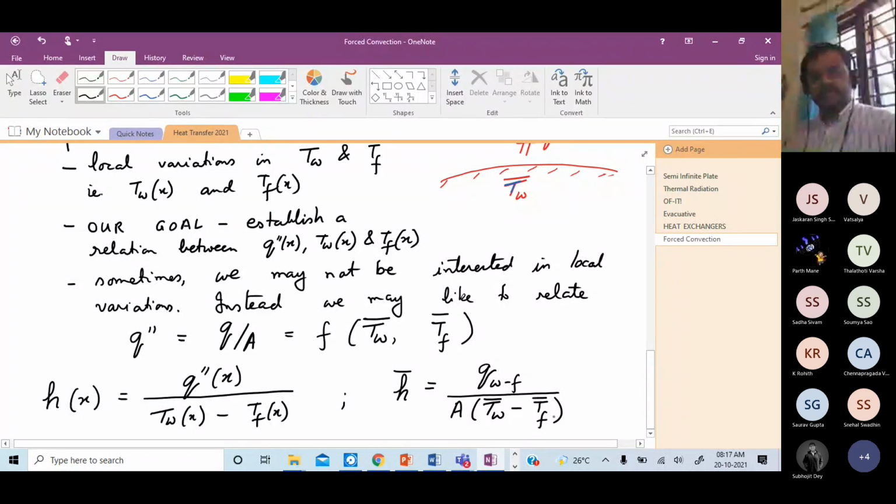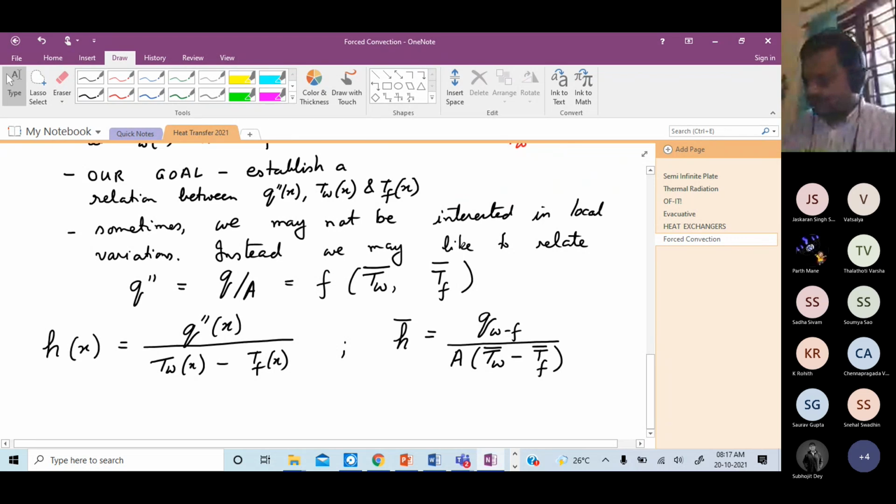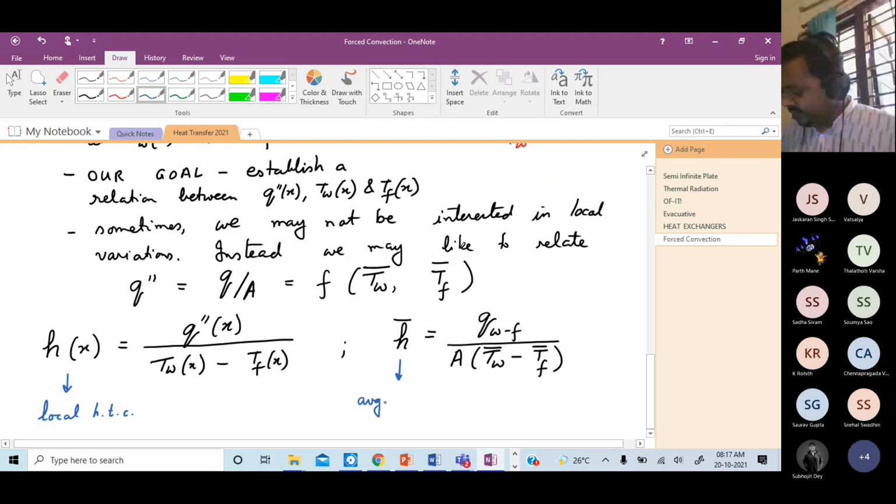So this is my local heat transfer coefficient, and this is my average heat transfer coefficient.